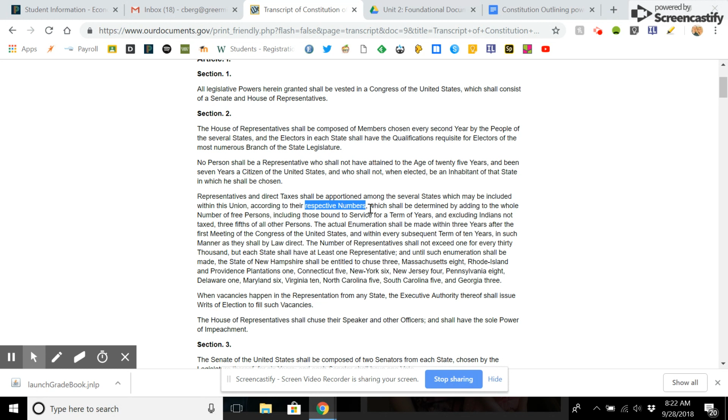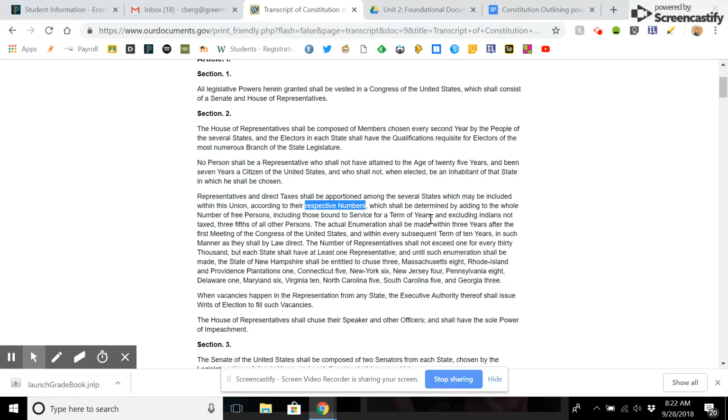Now hold on, in your textbook, as you're looking at this, what color is this text? Well, it's not the regular print color, it's blue. That means that it's been marked off. Why do you think this section has been marked off? Let's look at what it talks about. Number of free persons? What do you think they're talking about? Free persons bound to service for a term of years?